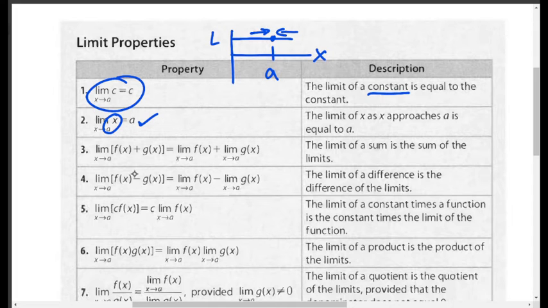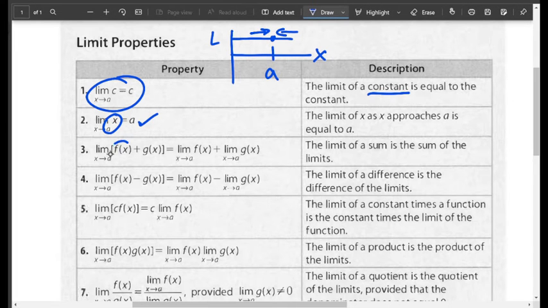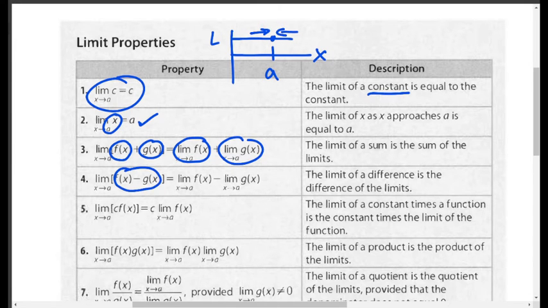You have things like two functions. If you're adding two functions and finding the limit, you can split the functions separately and add their individual limits. If you're subtracting two functions and finding the limit, you can also do it separately by finding the limit of the first function, then the limit of the second function, and then subtracting.